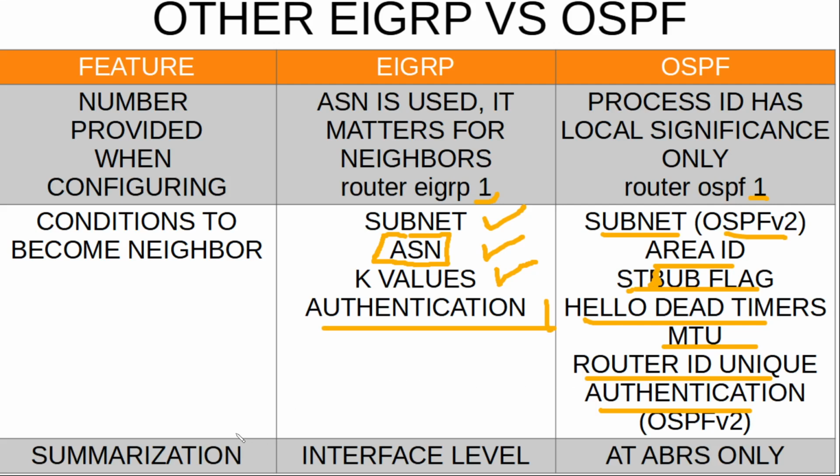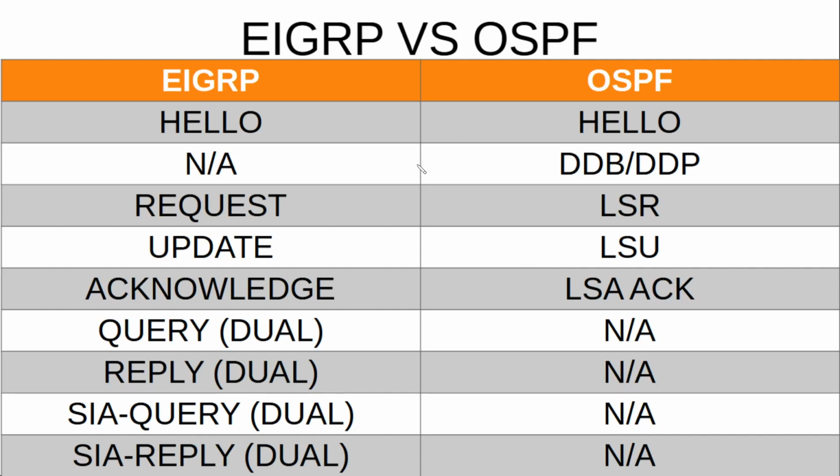When it comes to summarization, EIGRP only works at interface level, and for OSPF, summarization is performed at area border routers. These are the packets for EIGRP: hello, request, update, acknowledge, query, reply, and stuck in active.